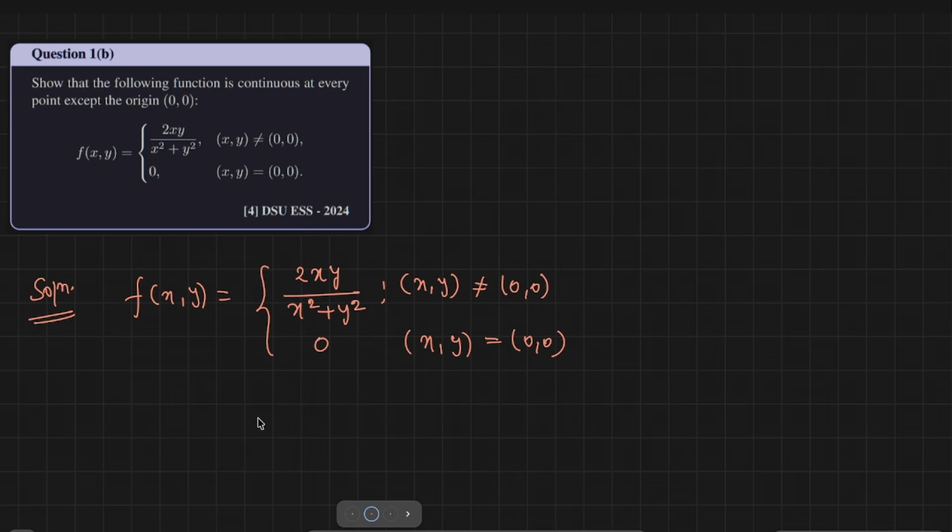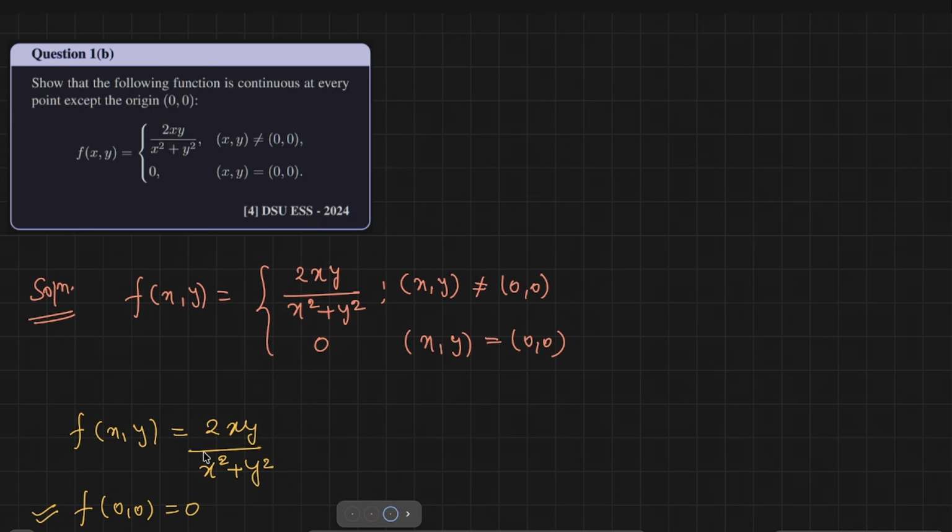To check the continuity, first we will check at every point of this. So f of x comma y is 2xy upon x square plus y square. At the point 0, it is given that f of 0 0 is 0.